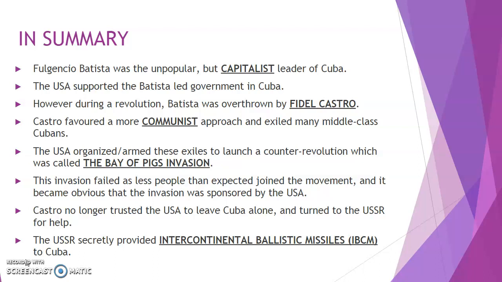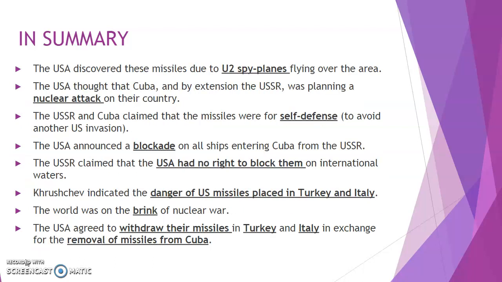The USSR secretly provided intercontinental ballistic missiles, or ICBMs, I apologize for that little mistake, to Cuba. The USA discovered these missiles due to U-2 spy planes flying over the area. The USA thought that Cuba, and by extension the USSR, was planning a nuclear attack on their country.